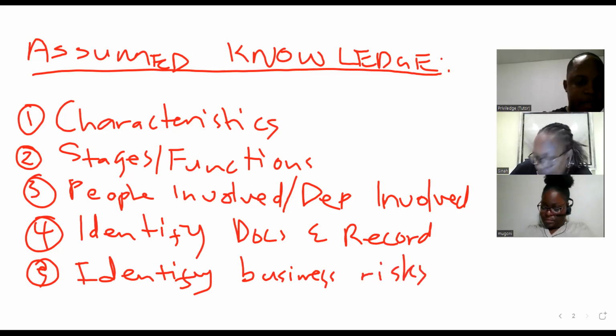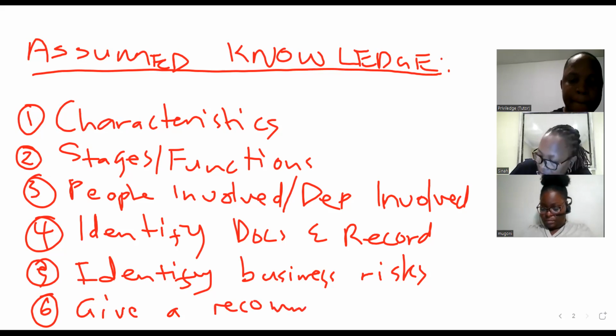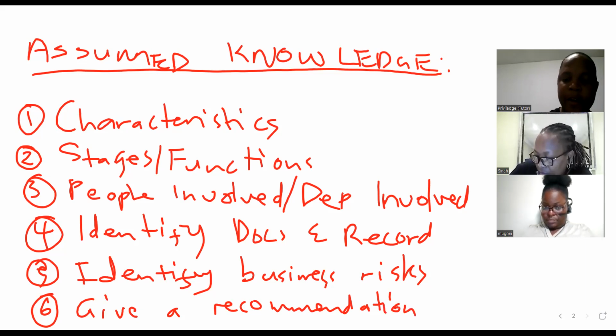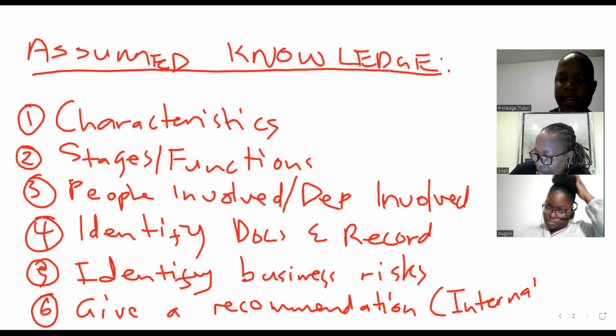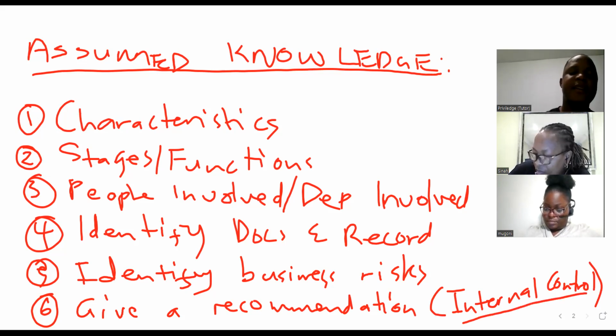Normally, the next question would be for you to give a recommendation, and the recommendation simply refers to an internal control, something that can address the risk identified.